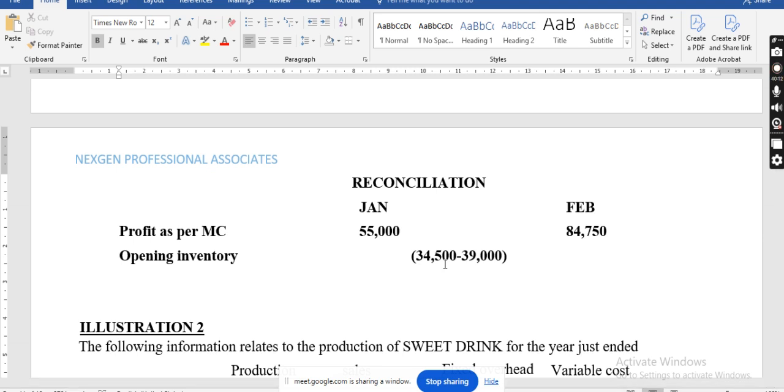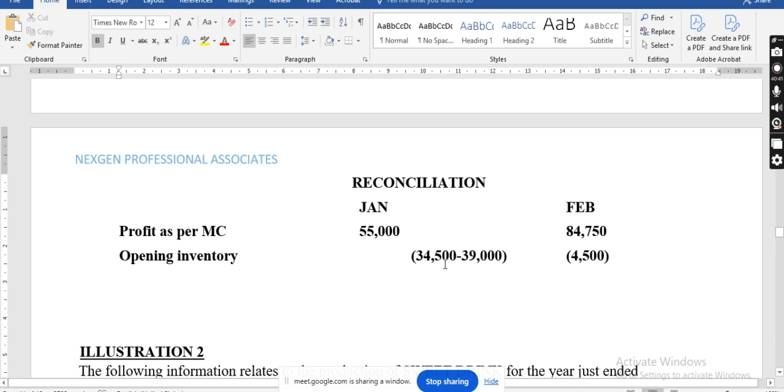But if it is lesser, you subtract the difference from your profit. Please, class, what is the difference between 34,500 and 39,000? 4,500. You subtract it, because we must arrive at profit as per absorption costing.